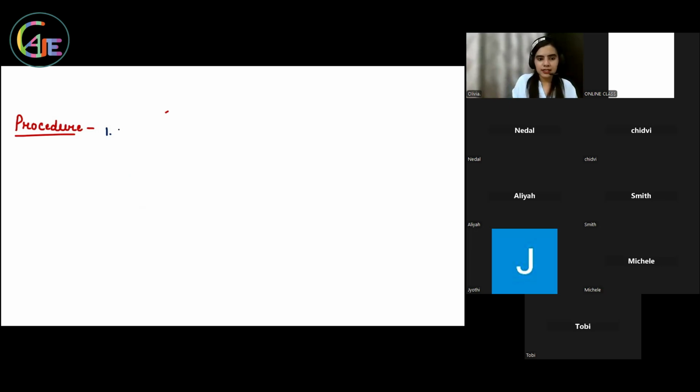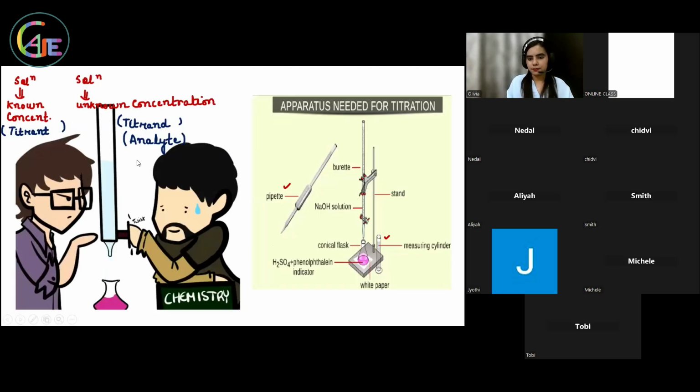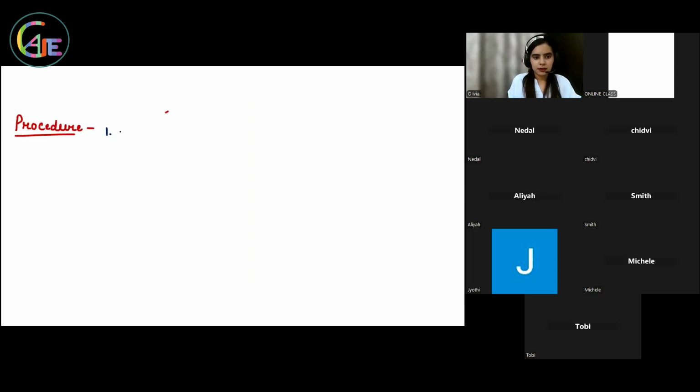So I will take my burette and fit it vertically into the stand. You can see here, this is my burette and this is my stand. The burette is fitted vertically in the stand with the help of clamps. We can open these clamps, fit the burette and leave it. The very first step is this. Keep writing the points with me.